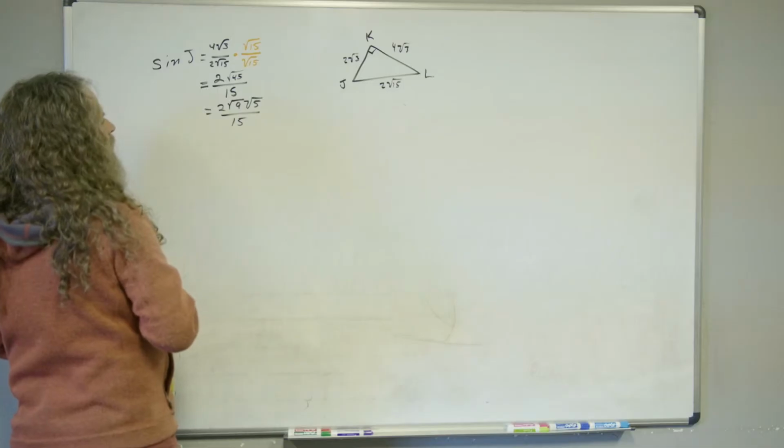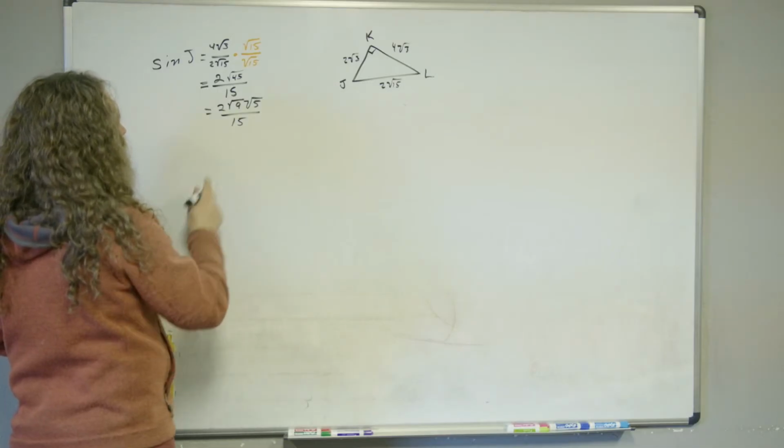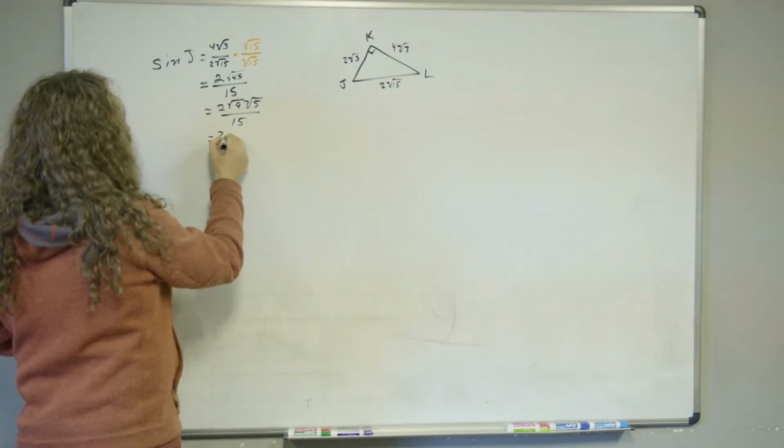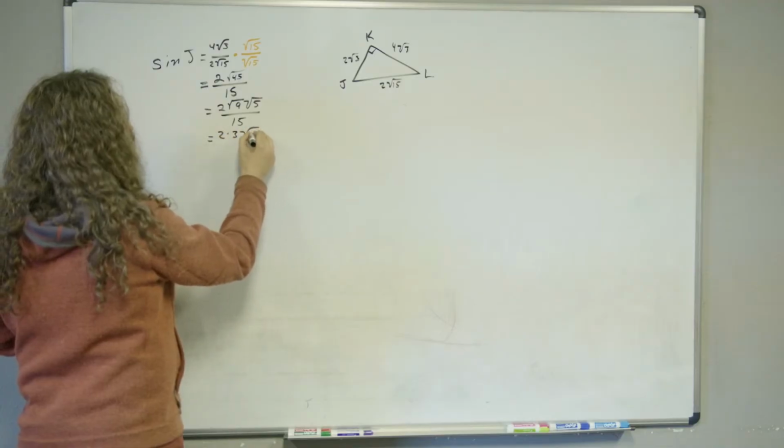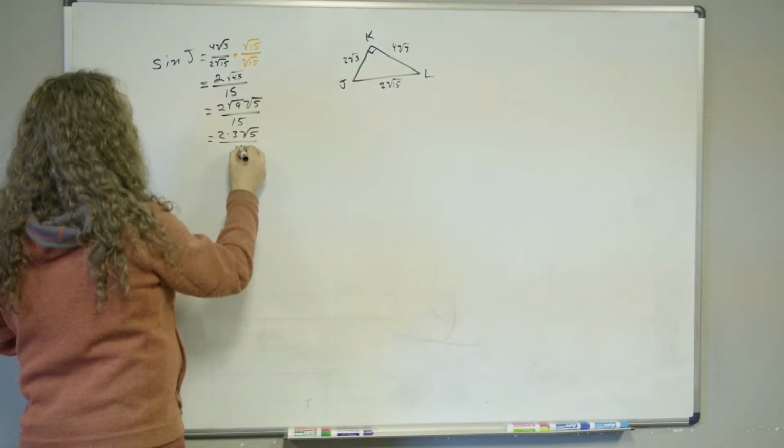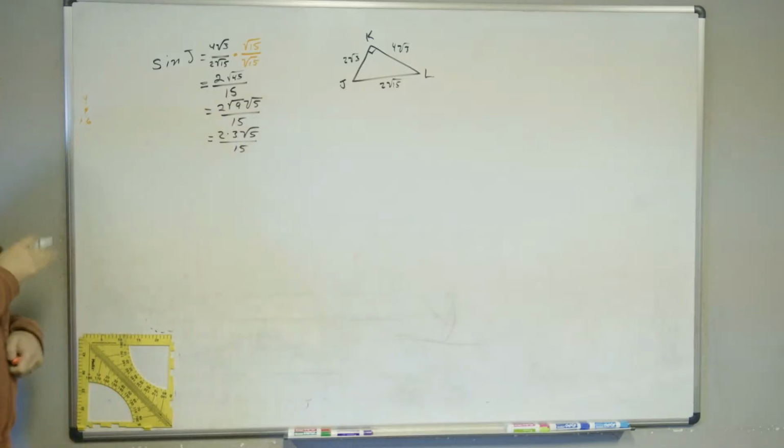What's the square root of 9? 3. We can multiply the 2 times the 3, but we're going to be able to reduce the 3 and the 15. What goes into 3 and 15?